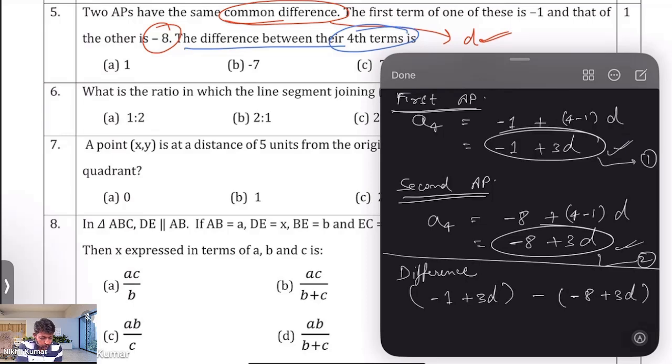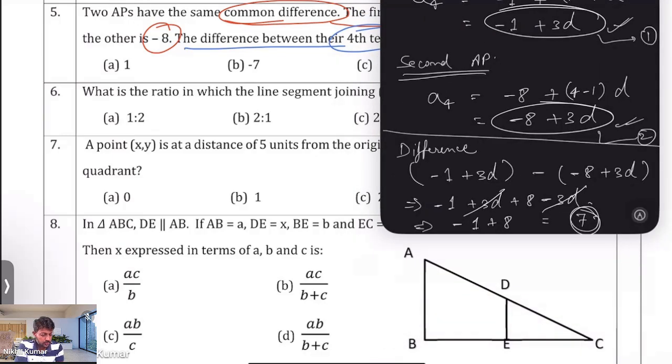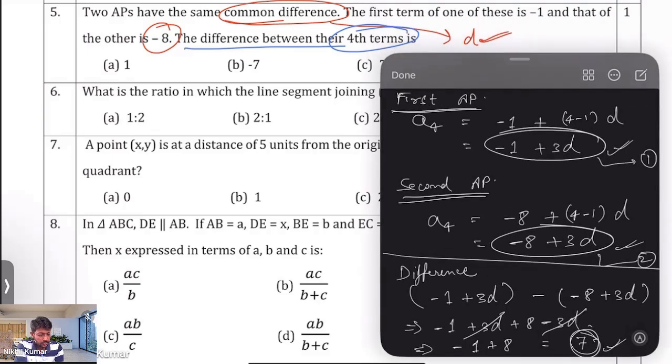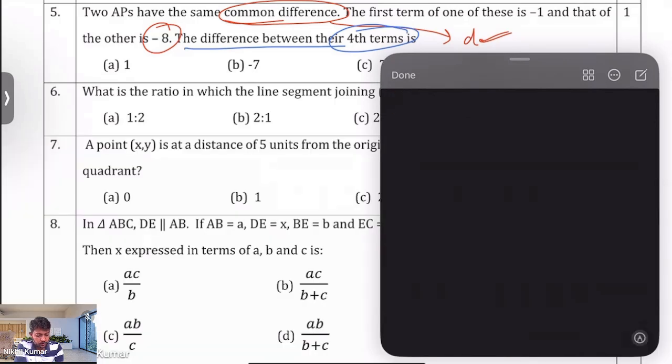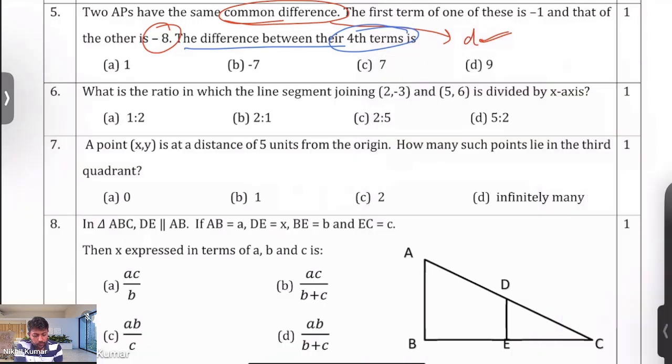If you expand this quickly, minus 1 plus 3d, minus of minus 8 is plus 8, and minus of plus 3d is minus 3d. This gets cancelled. Minus 1 plus 8, it's 7. So we have found our answer, and it is option number C.